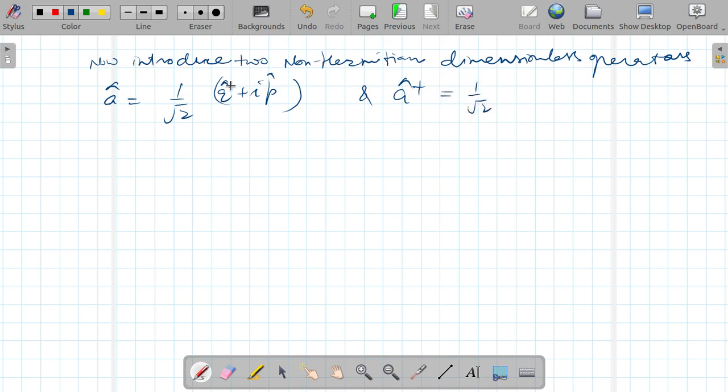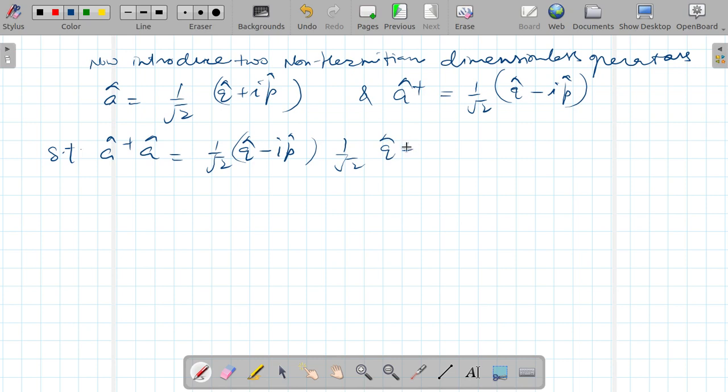I will talk about the properties of A and A dagger later on in the next lecture. Such that A dagger A is equal to 1 by root 2 (Q minus iota P) times 1 by root 2 (Q plus iota P).